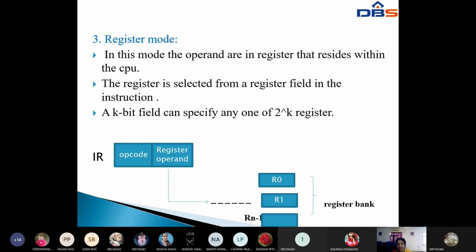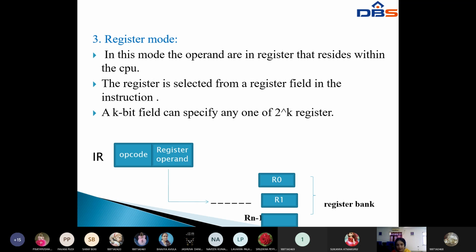Next, the third one is register mode. What is the use of register mode? In this mode, the operands are in the registers. This is the example we are seeing here. Here I have the IR, the instruction register, which holds the opcode and the register operand.